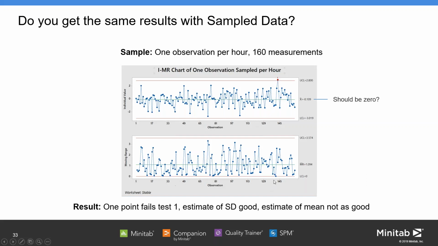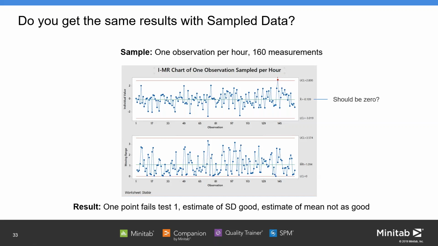Let's have a look at the bottom. Because this is an IMR chart and we only have 1 observation per subgroup, instead of using the range or the standard deviation to estimate the variation, the only choice we have is to use the moving range. And you can see that the moving range, on the far right-hand side, is a pretty good approximation to our standard deviation, which should be 1.